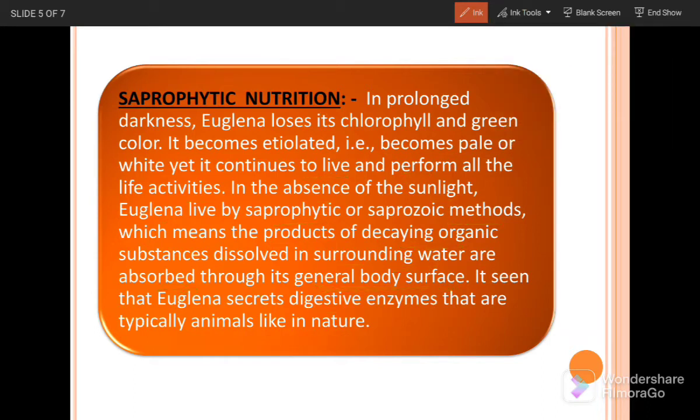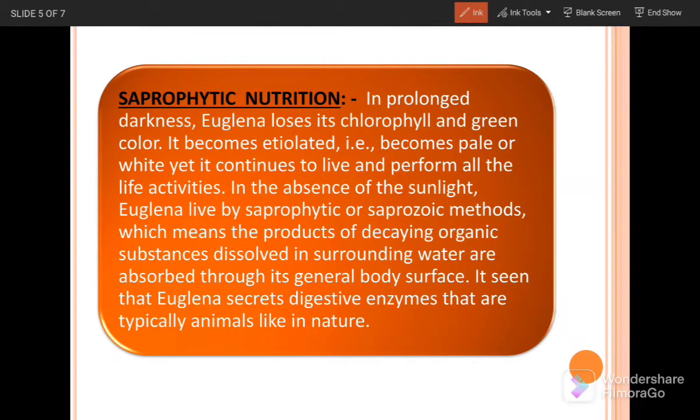As it takes the decayed organic substance dissolved in the surrounding water and absorbs it through its general body surface, once it enters the Euglena's body, the food needs to be broken down into small particles.